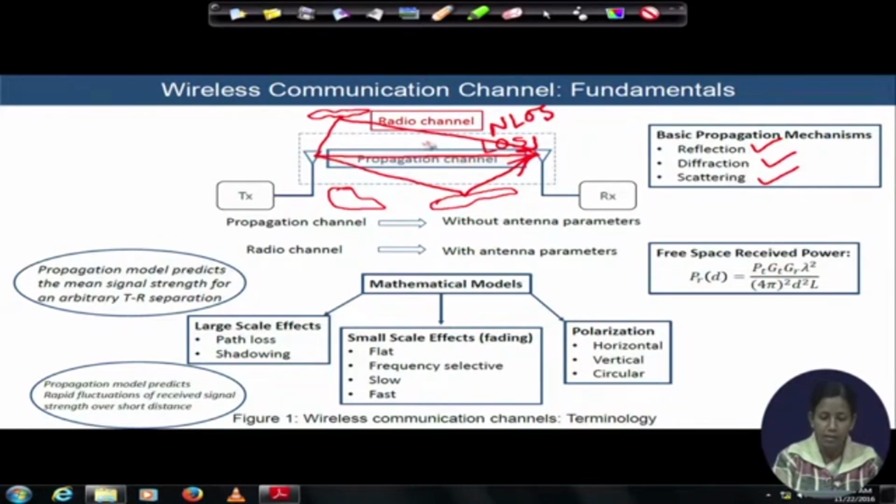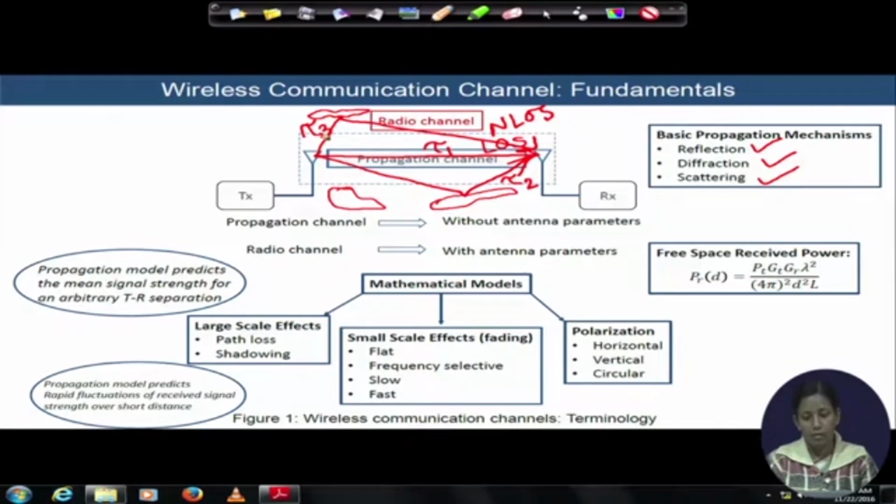It is obvious that the time elapsed over the line of sight path for a signal to reach from a transmitter to a receiver will be the least, and say if it is tau 1, then for the next one, say for another path, it may be tau 2. After this delay, this is the time elapsed for the wave to reach from the transmitter to the receiver after scattering, and like that each and every path is associated with its corresponding delay.